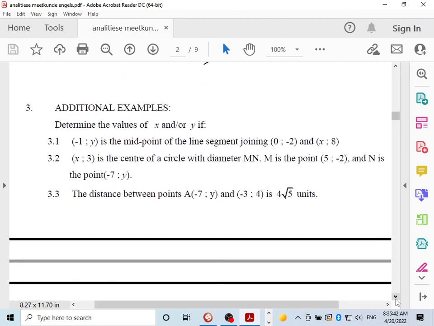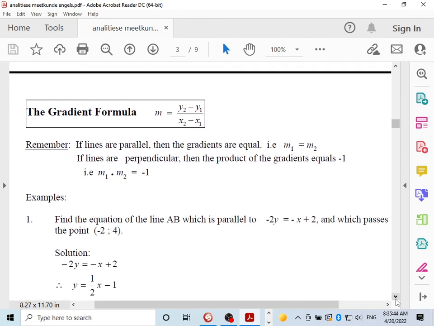Now let's look at what they've given us here. You must remember, and this is so important in grade 11, if lines are parallel, then the gradients are equal.